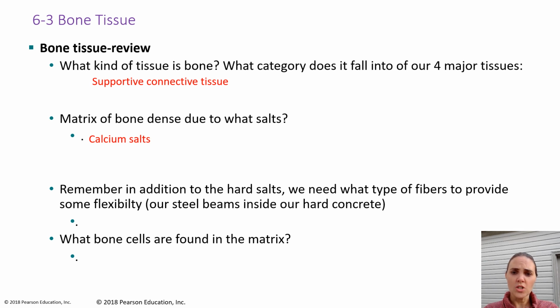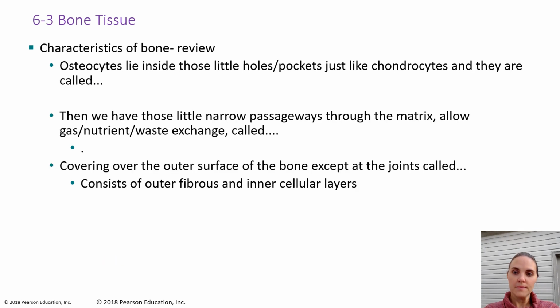In addition to those hard salts, we need a type of fiber to provide some flexibility. The analogy we talked about previously was that the calcium salts were like the concrete in our structure, and then we had these reinforcing steel beams, and that was our collagen fibers. And then the type of bone cells found within this matrix are osteocytes. So those osteocytes, remember, they lie inside little holes or pockets, just like the chondrocytes.